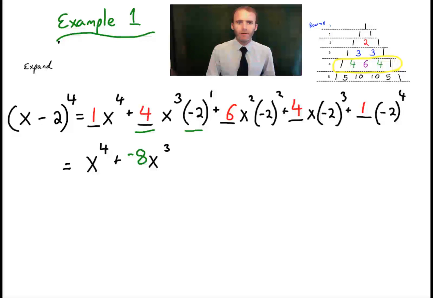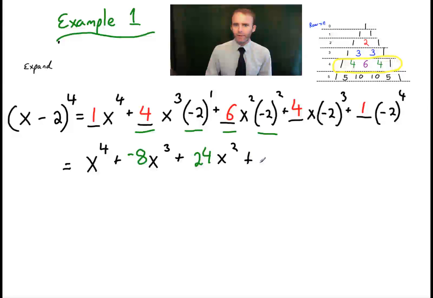So now, let's combine the 6 and the negative 2 squared. Well, negative 2 squared is 4. 4 times 6 is 24. So here I'm going to get plus 24, and my x is x squared.